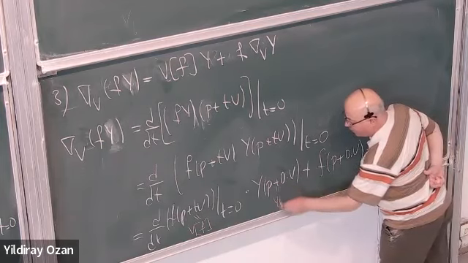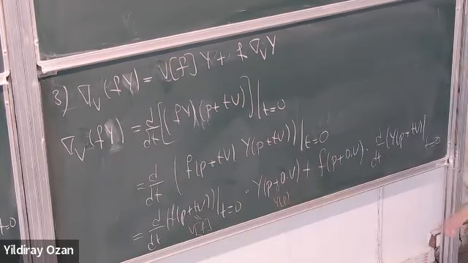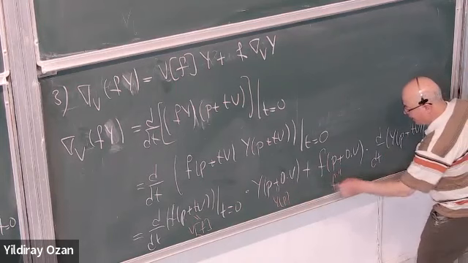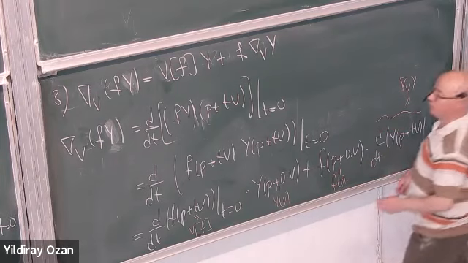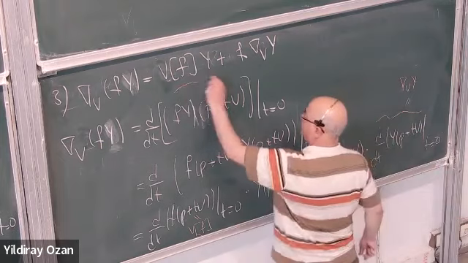This is just Y of p. And what is this? This is f of p. And what is this? Well, this is just the covariant derivative of Y along the vector V. Okay. So we are done, right? So we obtain exactly this expression.